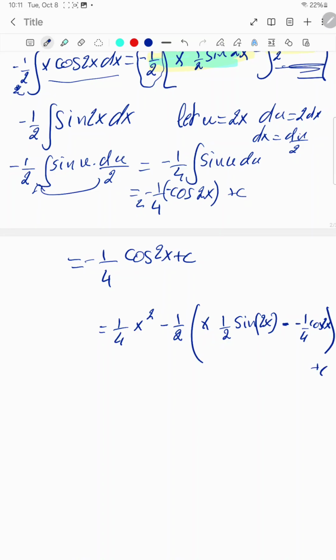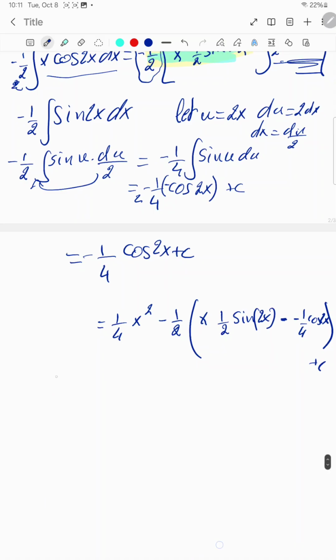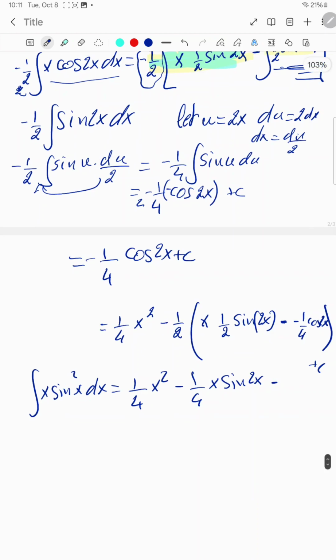So let's fix our mess. My integral of x sine square of x dx is equal to 1/4 x square, minus 1/4 x sine of 2x, and minus times minus is plus, times minus is minus, and 1/2 multiplied by 1/4 is 1/8 cosine of 2x plus c, and that would be the answer.